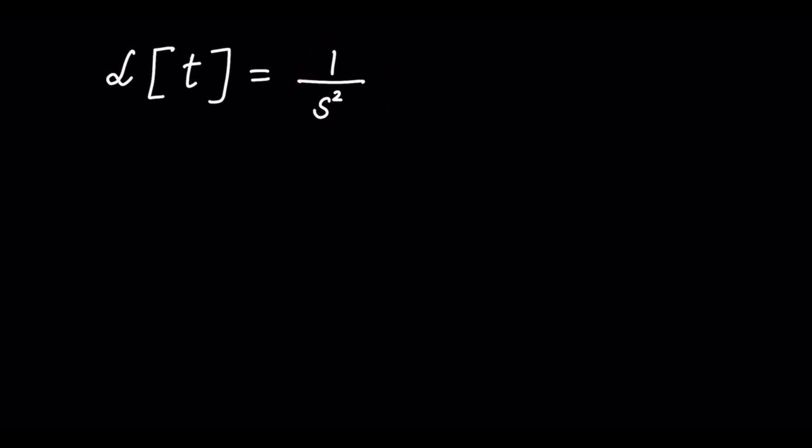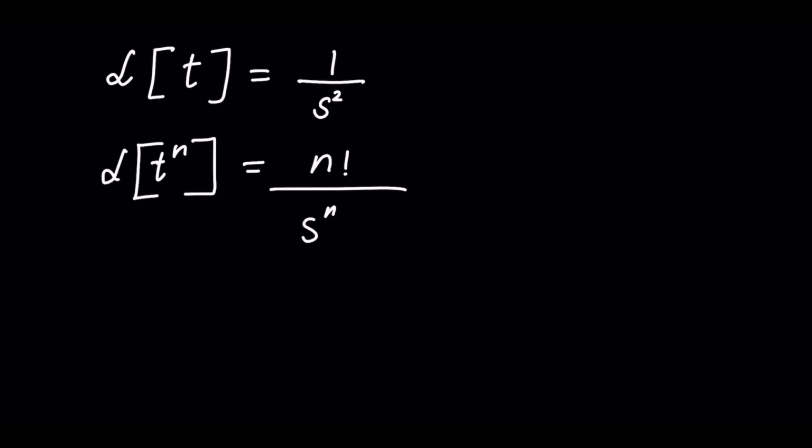by s squared. Now, let's assume that we are taking the Laplace transformation of t power n, meaning the n can be any positive integer, for example 2, 3, 4, and 5. Then its general formula is going to be n factorial divided by s power n plus 1.